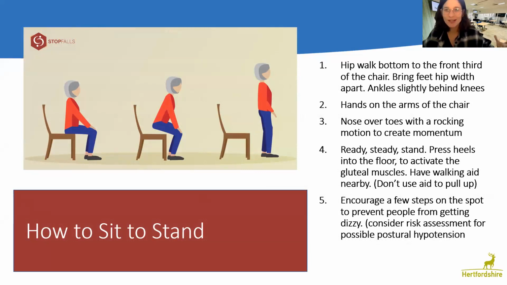So when I say to staff, right, how do you support somebody up from a chair? They say front of the chair. I say yes. Feet flat. Yes. We want 90, 90, 90 with everything. So, ankles, knees, hips. And they'll say, push up. They push up with their arms.